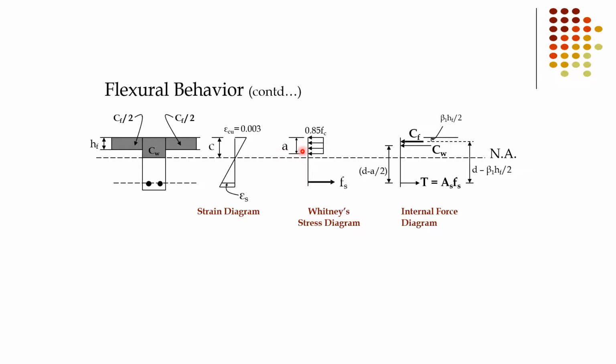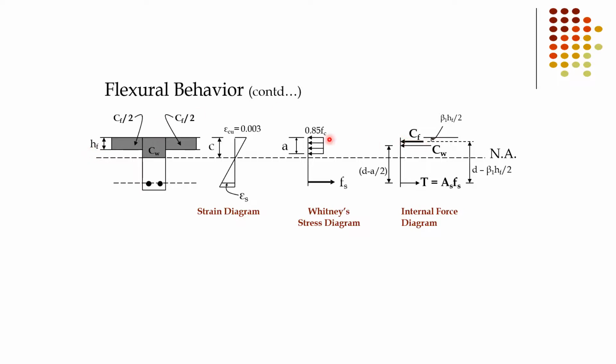So we get the a, for example here Cw. Cw is the same as in a singly reinforced beam. For Cw, the lever arm is d minus a/2, but for the Cf part, to convert it into the equivalent stress block diagram, we have to multiply hf by beta 1.